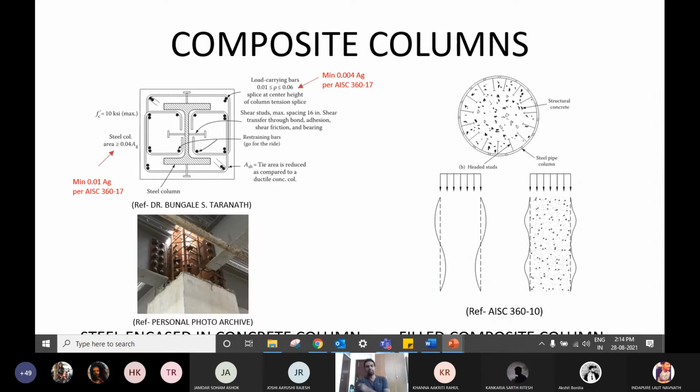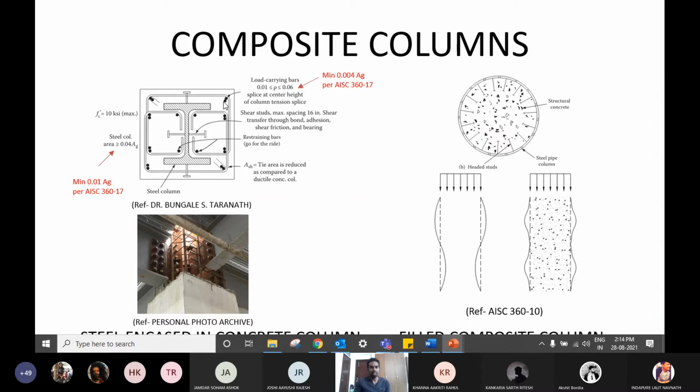So there are two schools of thought. The American code says the surface friction between the steel I section and the surrounding concrete is enough. You don't have to provide any shear studs for the shear transfer.